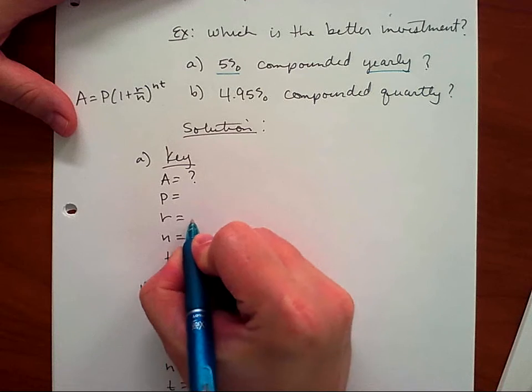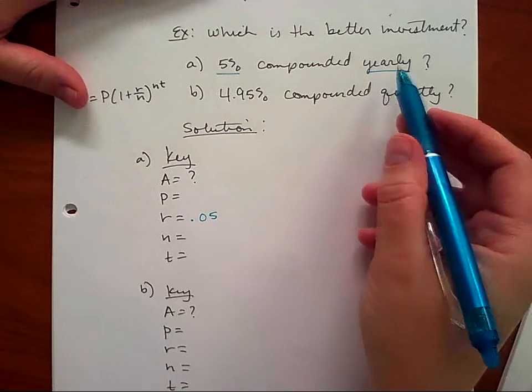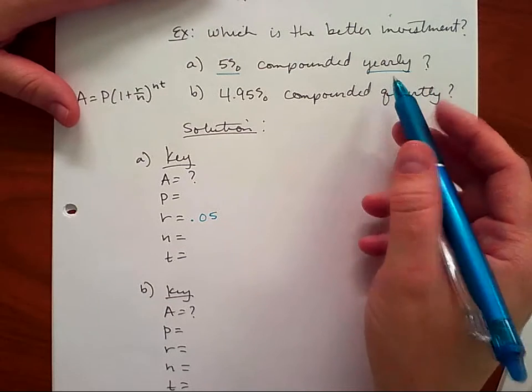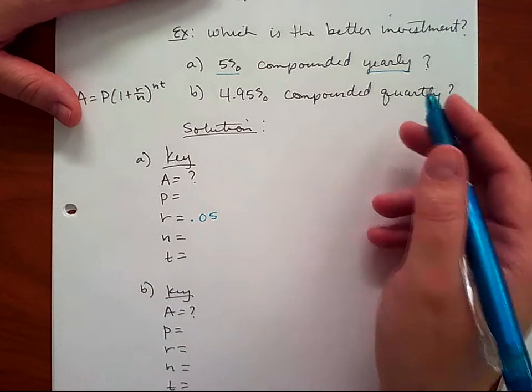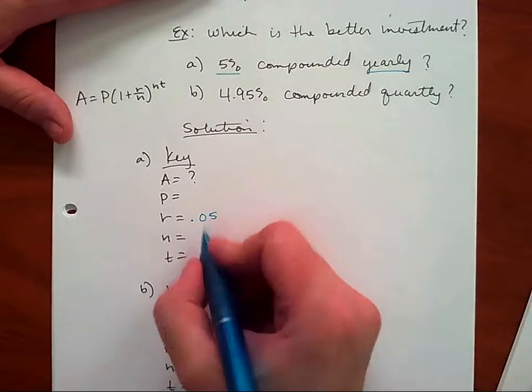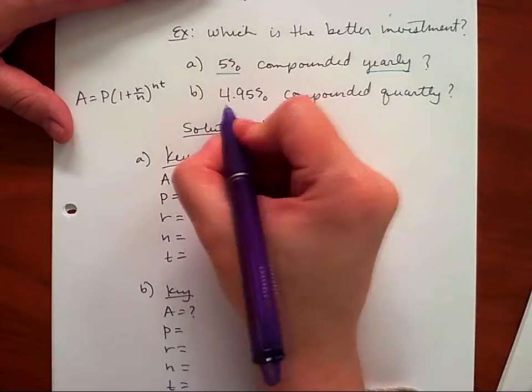5% is my rate, 0.05. And compounded yearly is what? n. n is the number of times per year. Yearly is 1. Okay?